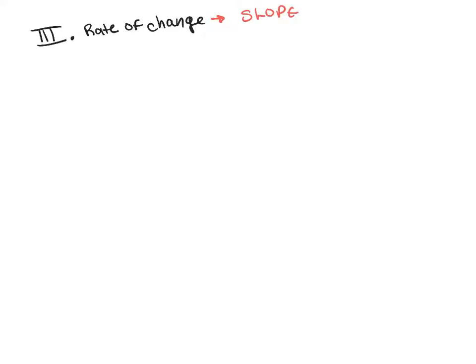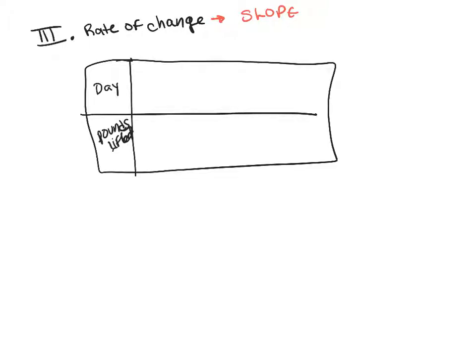All right? If I gave you a table of values, this table is going to show the average amount of pounds that we increase when we're working out, or in other words, the amount of pounds we lift. We're weightlifters. The amount of pounds lifted as days go by.